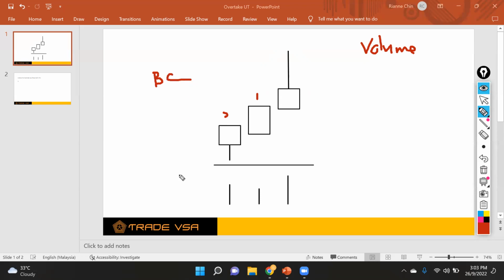Whenever you see climatic volume, widespread candles and an upthrust, likely there is a distribution. But if you see price going up with average candles, average volume, not too climatic, and suddenly you see an upthrust, likely there is a pullback. So we want to see the background as well, whether there is a buying climax or not.